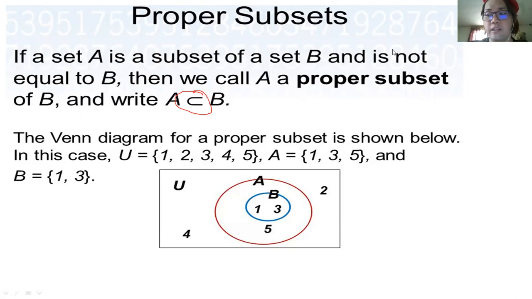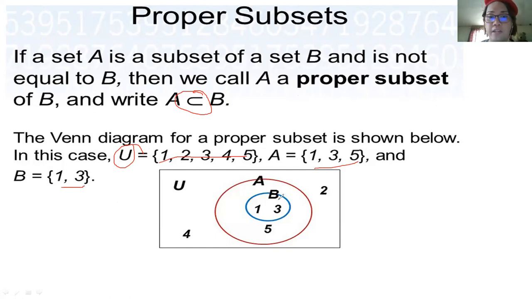To illustrate that, because if we just read the definition of a proper subset it will be difficult to understand the concept, I'll highlight it in this given Venn diagram. We have the universal set containing the elements 1, 2, 3, 4, and 5, set A containing the elements 1, 3, and 5, and set B containing the elements 1 and 3.